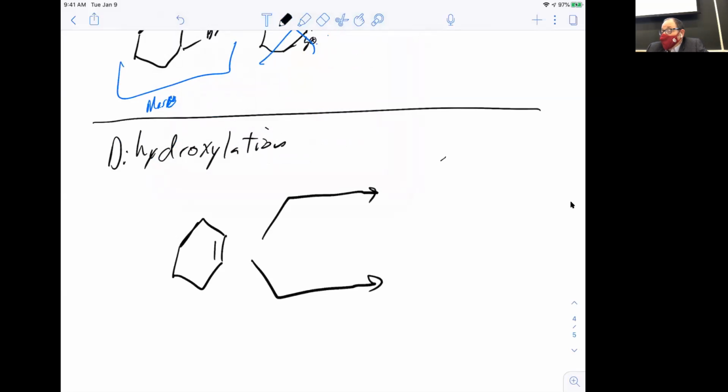Okay. So we could add two. Dihydroxylation means we're going to add two alcohols, so two OH groups. We could end up with an anti, or we can end up with a syn.